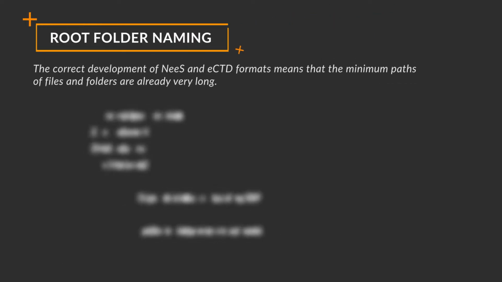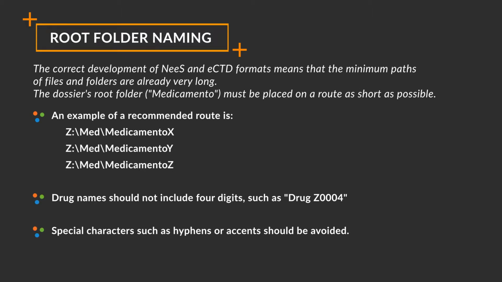Root folder naming. The correct development of NES and eCTD formats means that the minimum paths of files and folders are already very long. The dossier's root folder, medicamento, must be placed on a root as short as possible.